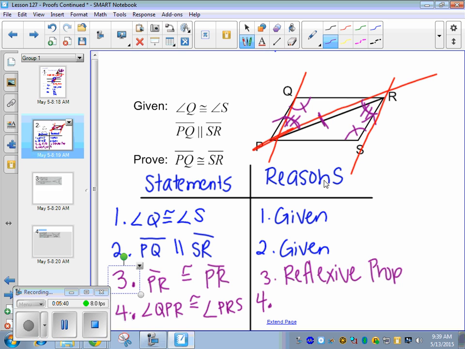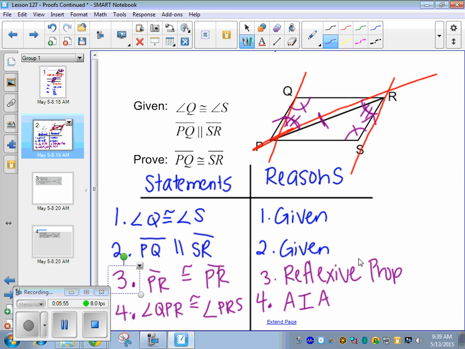And that would be by what? Sarah? Good. Okay. They're inside those parallel lines, alternate interior angles.